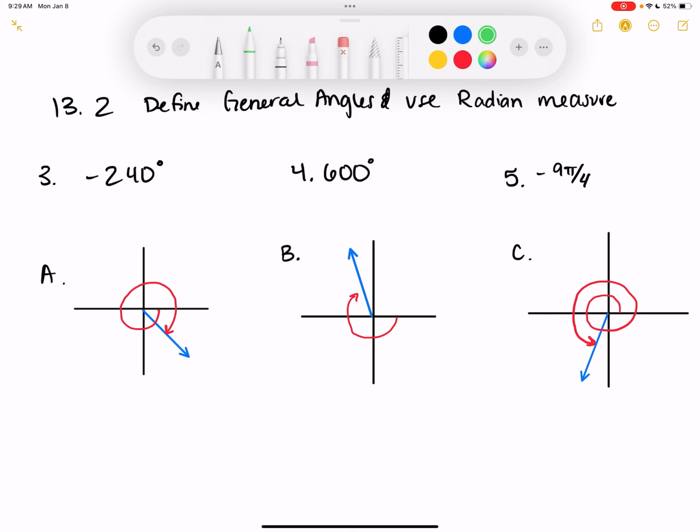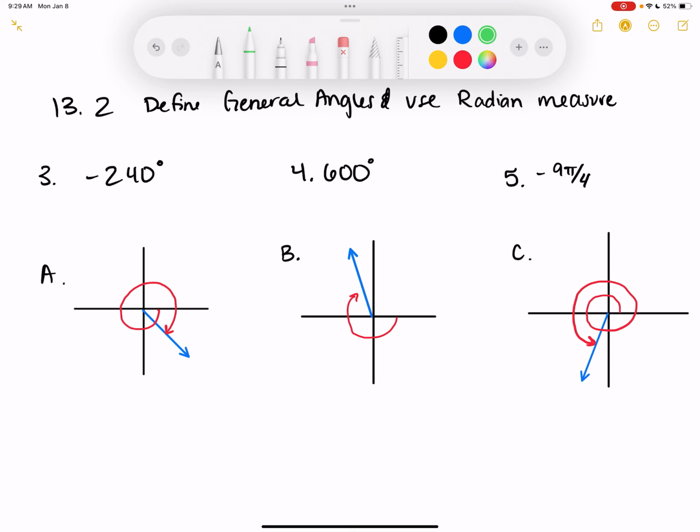C. Okay, so the way that we would look at this, let's say we weren't 100% sure on that, or we had multiple that were positive. We start here, and we know that one full time around is how many degrees? 360. We add another 90. That would put us where? 450.